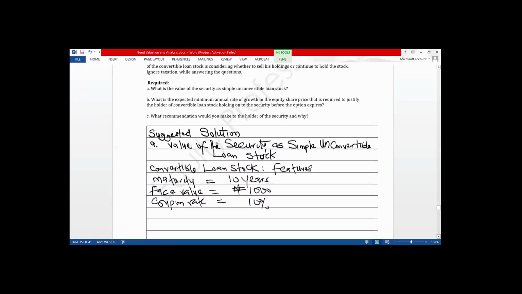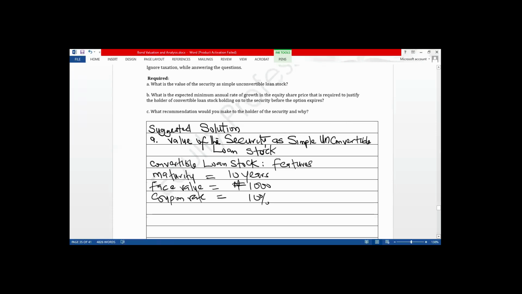Then the redemption value of the bond. Now this question is silent about the redemption value.